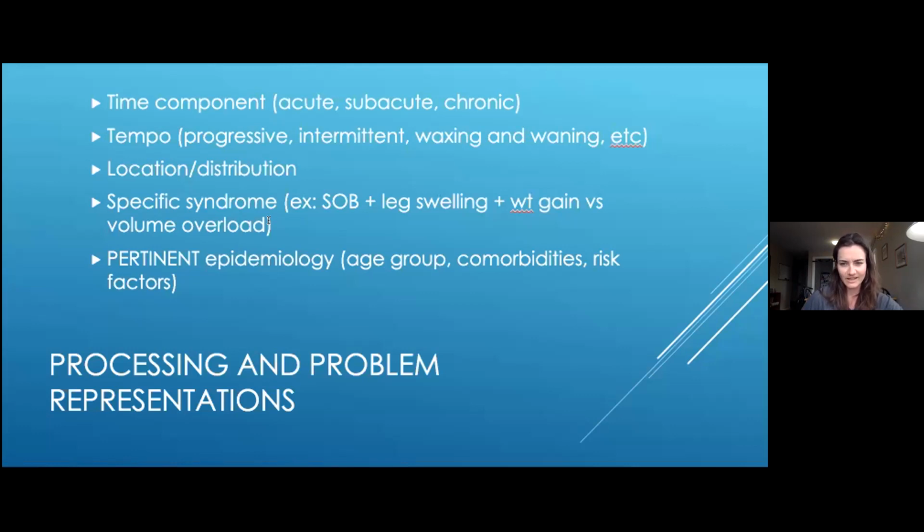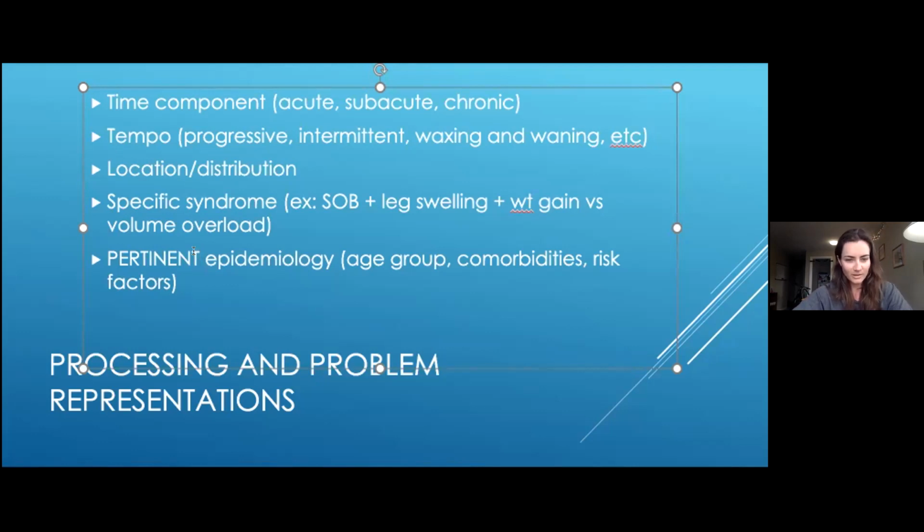And then similarly, I capitalized pertinent here because this is one of my pet peeves when folks are writing out their problem representations or their one-liners for patients: including only the pertinent epidemiology. We sometimes have this tendency to put in the one-liner that they have hypertension, diabetes, OSA, untreated anxiety and PTSD, and every other problem that they've ever been told that they had in their entire life.